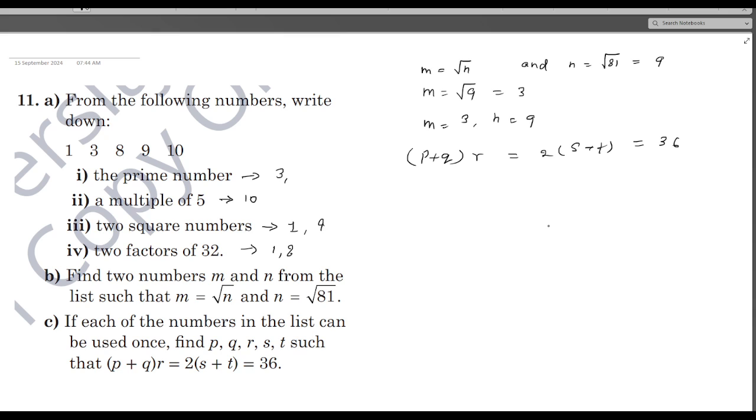Now here, let us first concentrate on this s plus t. 2 times s plus t is 36. That means s plus t should be equal to 18. Now here, if I add this 10 and 8, I will get 18. So one thing is clear, that my s is equal to 8 and t is equal to 10, or I can take s as 10 and t as 8.